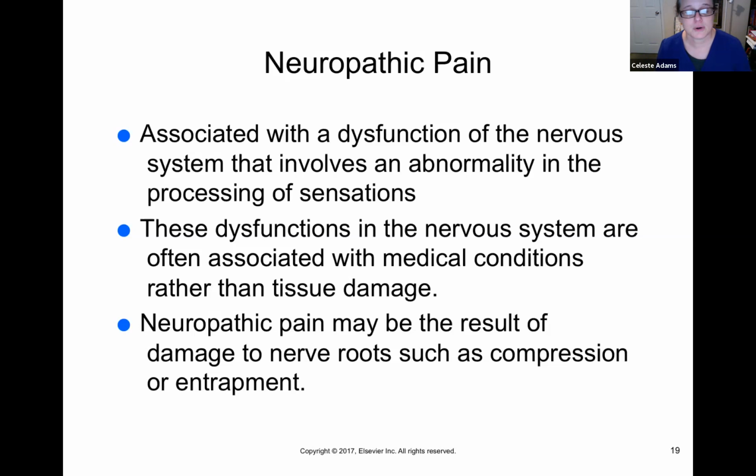Like I said, most of the time it's going to be from specific medical conditions, but it can happen when some kind of damage is done to the nervous system in general, such as a tumor compressing on a nerve. You also hear about a slipped disc in the back.